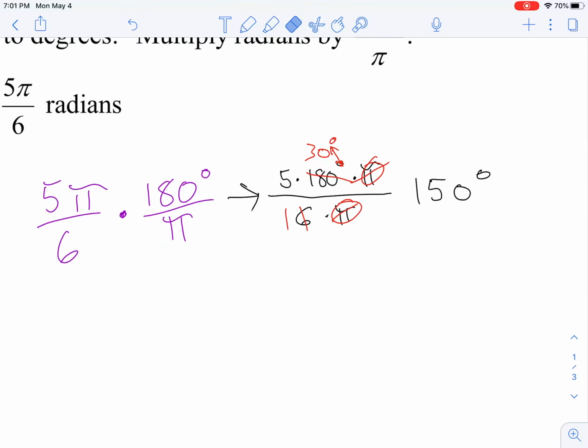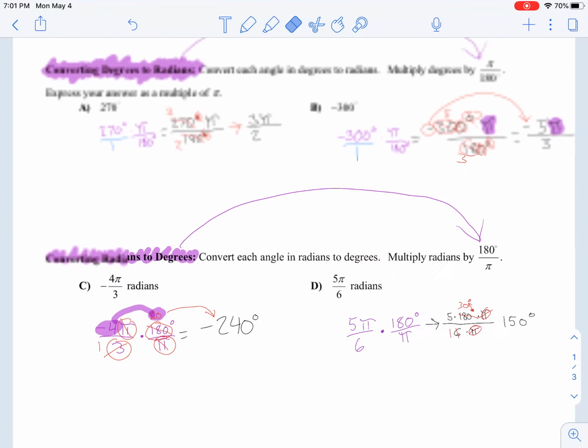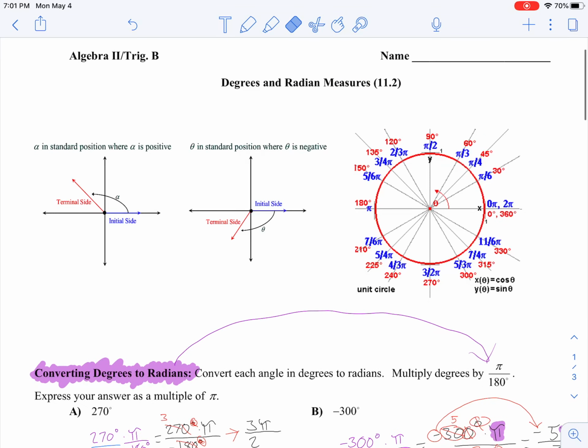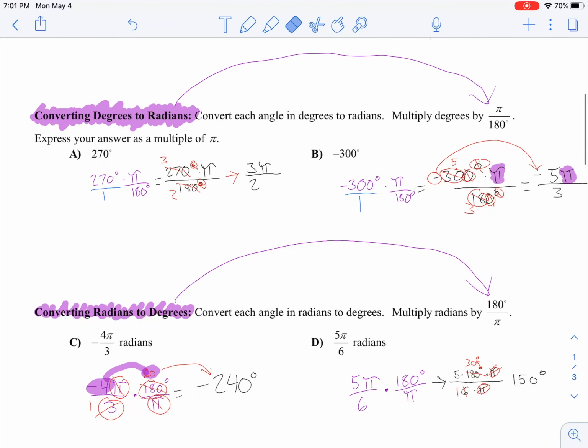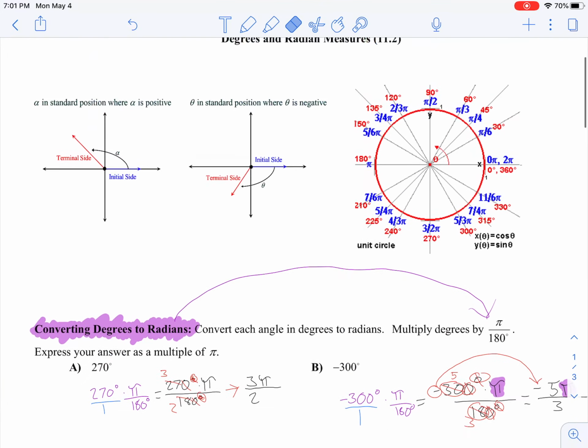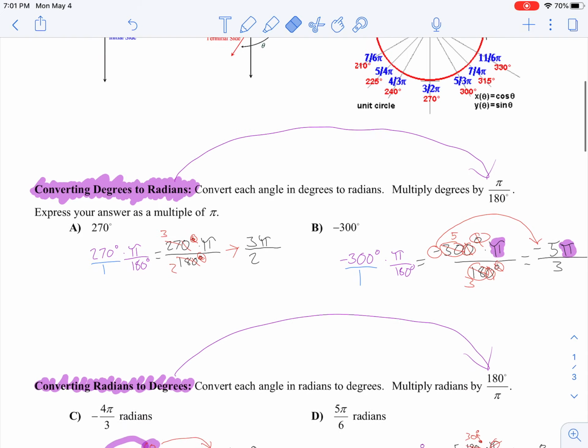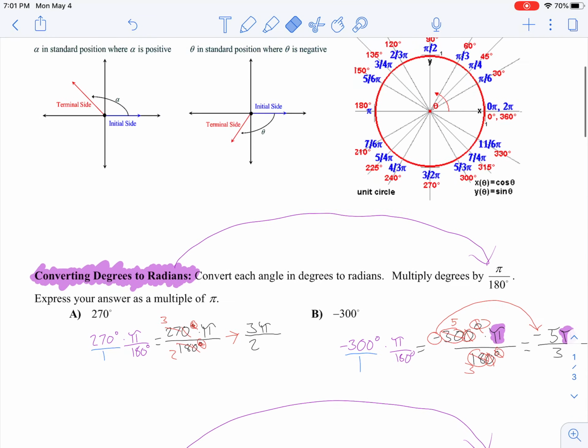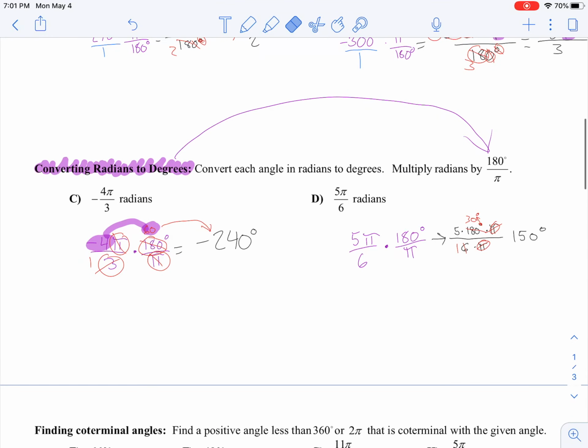So these are positions then in our unit circle, and then we could use these positions to help us find where our terminal side belongs. So we started with our initial side and then moved to our terminal side based on these positions.